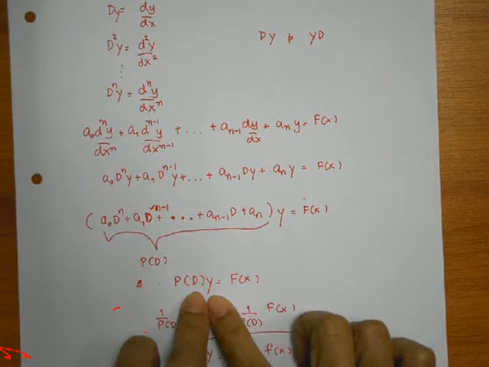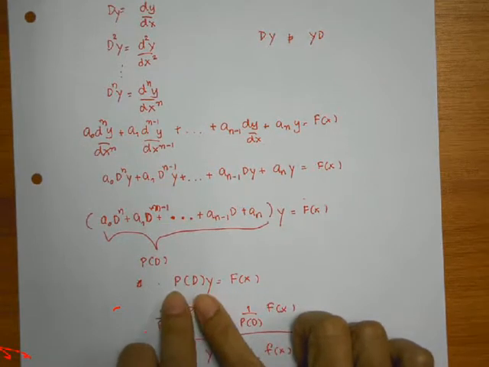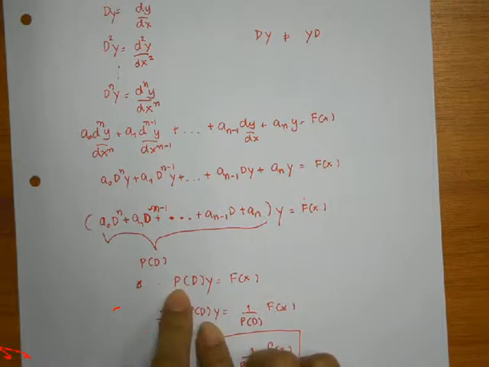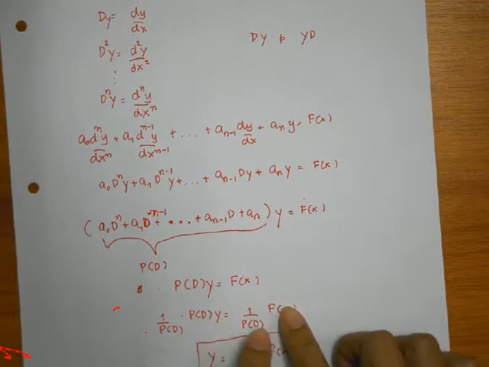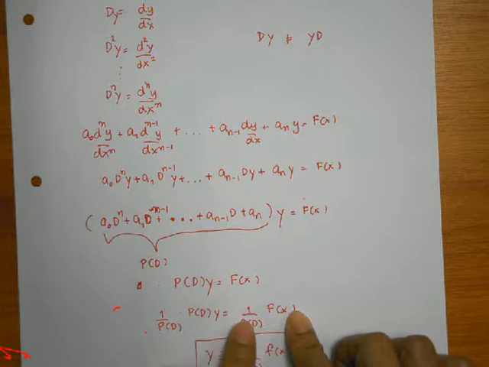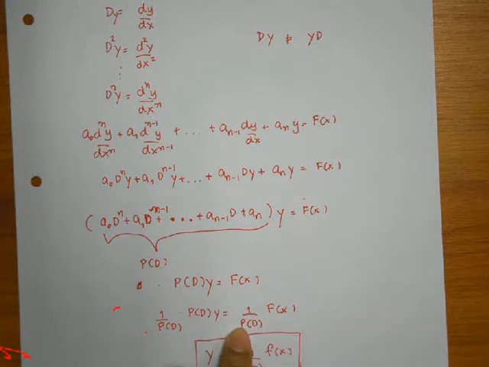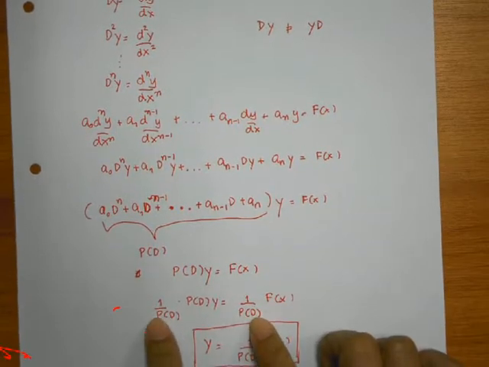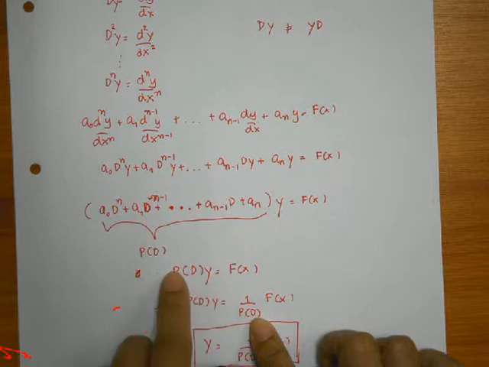Then if we want to find y, we have to multiply this equation by 1 over P(D). But because D is the operator, if you put 1 over P(D) in front of the term P(D) times y, on the f(x) side you have to put 1 over P(D) in front of f(x) too. Now the position is important. If you put 1 over P(D) next to y, it wouldn't cancel out with the P(D) in front of y.